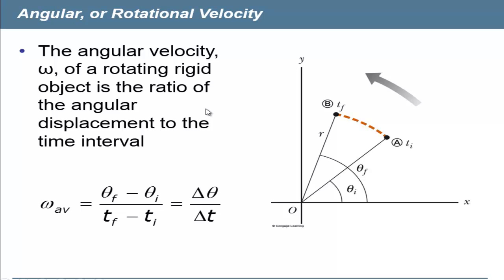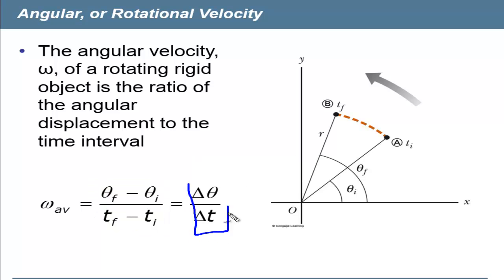So to throw the equation for angular velocity up here, the angular velocity of a rotating object is just the ratio of angular displacement to the time interval. This is the same definition we use for linear velocity, in which we have some change in angle, delta theta, just theta final minus theta initial, divided by some time interval, time final minus time initial.